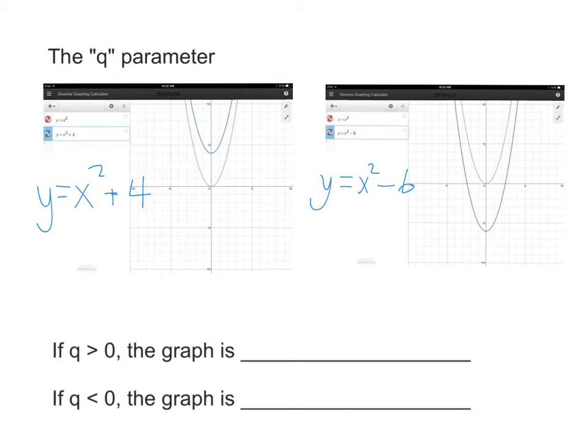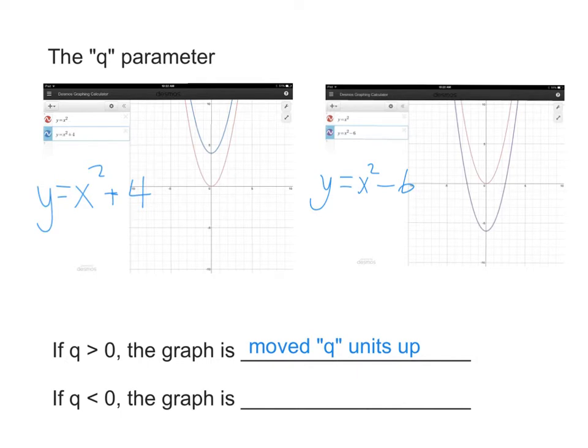So this is a little bit easier. The first one, the q value is equal to 4. And if q is greater than 0, the graph is moved up 4 units. If q is greater than 0, the graph is moved q units up. Whatever that value is that's added or subtracted to the end, that's going to tell you how far it's going to move.